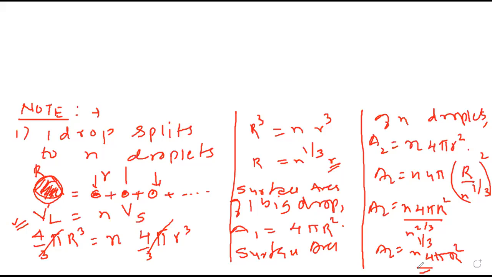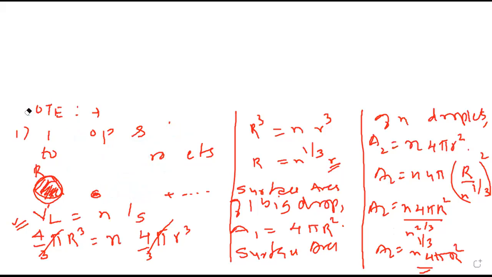No doubt. We are interested in surface energy. So just now we proved surface energy is equal to surface tension into change in area.